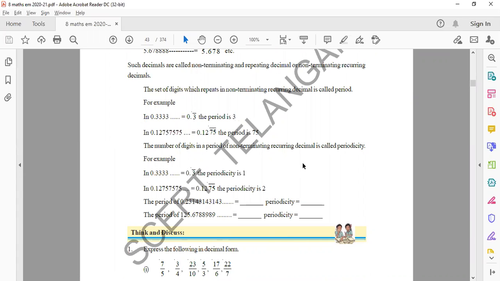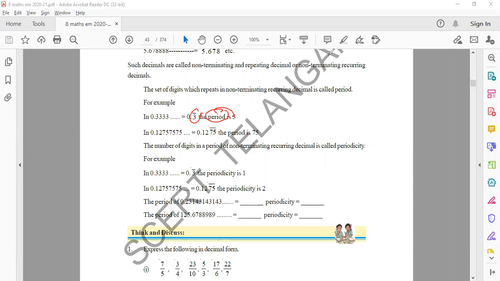What is the periodicity? Periodicity means the value it is repeating. That number is called the period. Period means what is repeating, and periodicity means how many times, how many digits, are repeating.